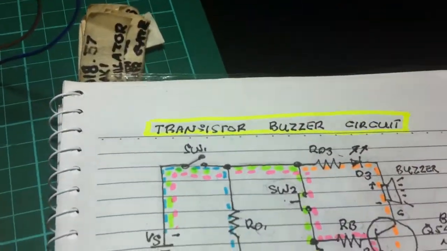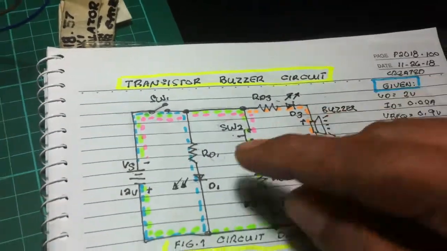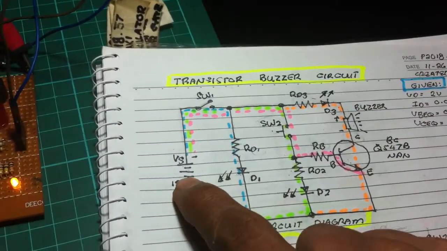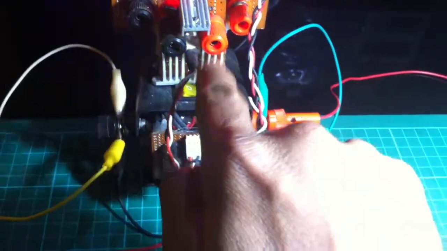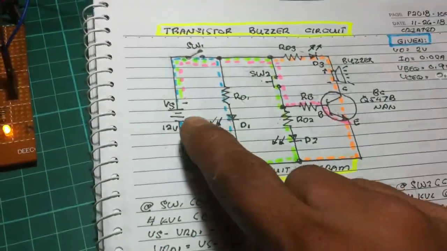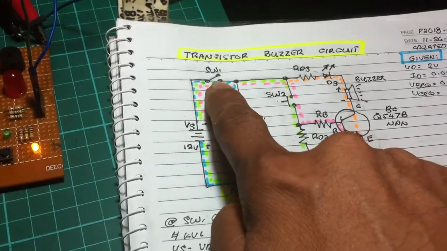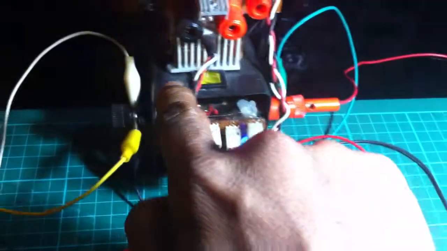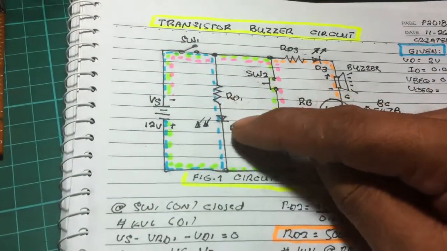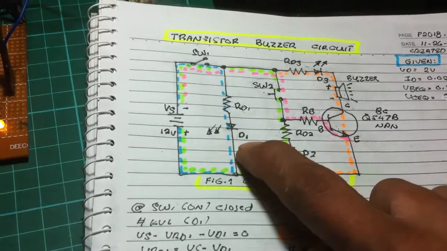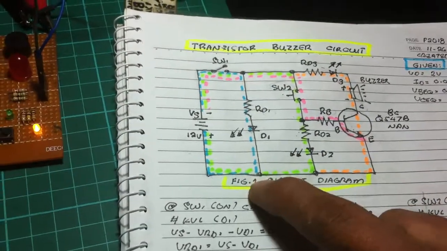This is a transistor buzzer circuit. We have the 12-volt supply, we have the switch, we have the resistor, the LED T1 to the ground.